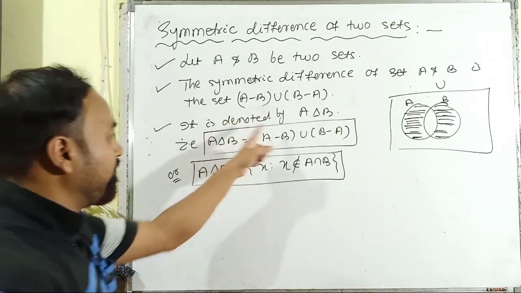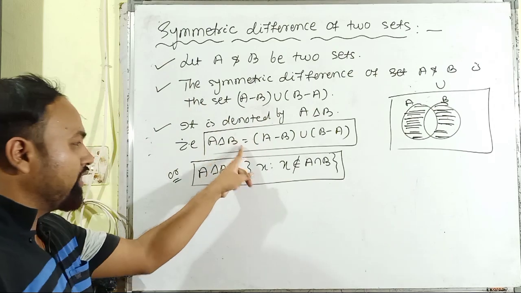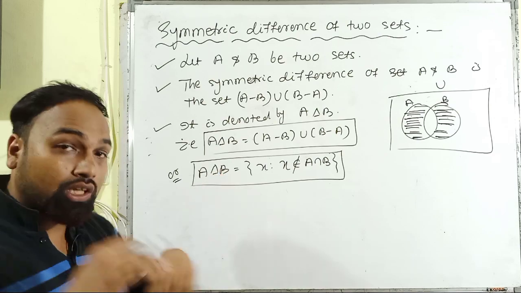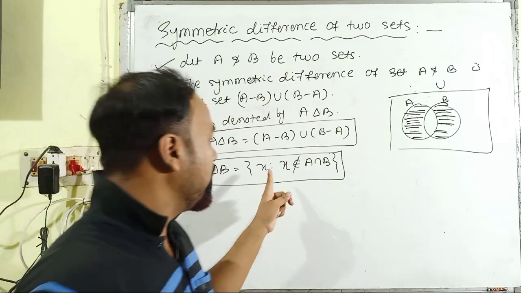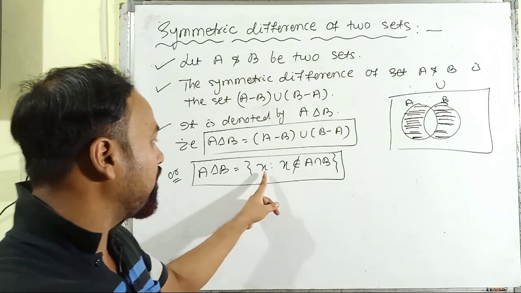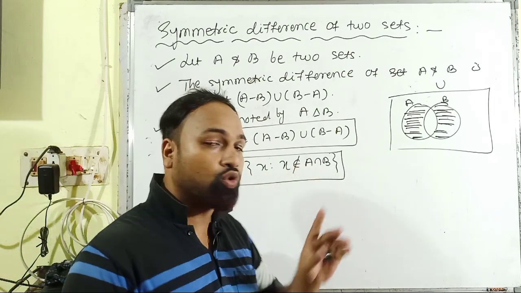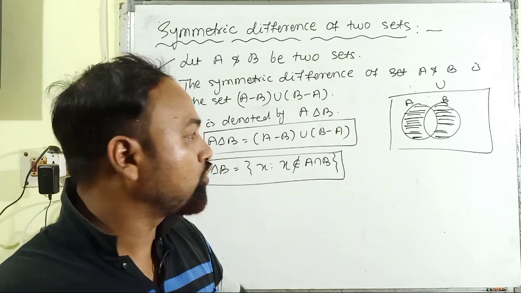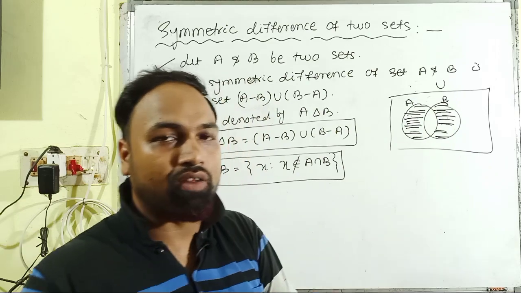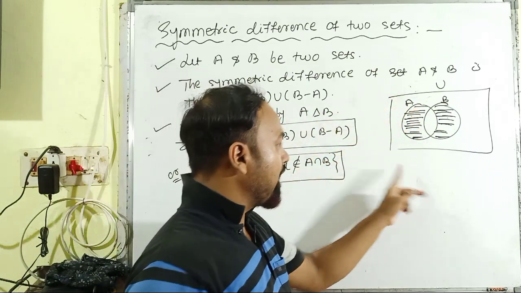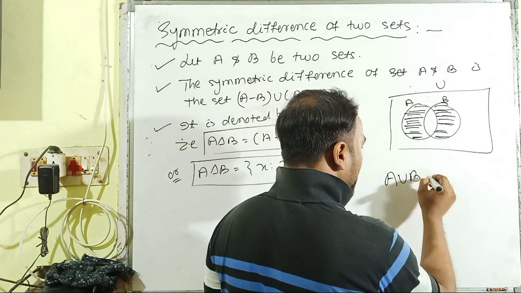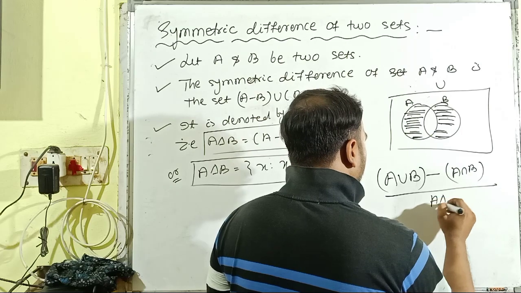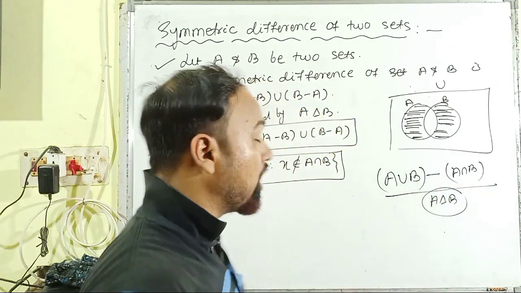This is denoted by A delta B, and A delta B is defined as the union of A difference B with B difference A. Alternatively, we can also express it in the set builder method: the set of x such that x does not belong to A intersection B. That means we have to exclude those parts which are common to A and B. From the A union B, we have to exclude the A intersection B, and this is the A delta B, or the symmetric difference of A and B.